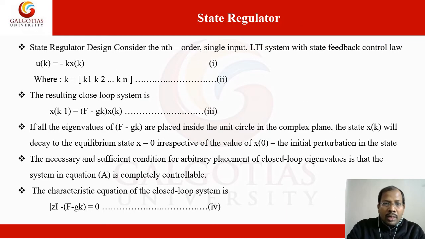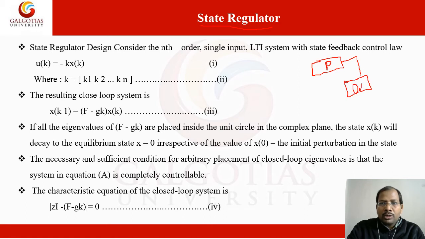Now you can see this is the state regulator. First we are going to describe the state regulator. Remember that in the state regulator there is a state observer as well as a state controller. Suppose this is the plant, and its output is applied to the observer.